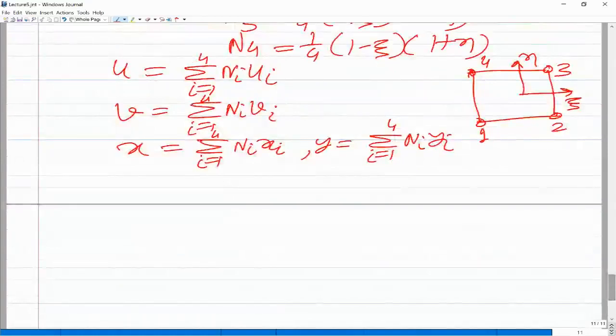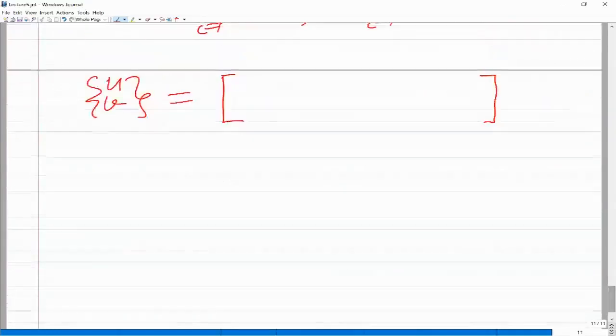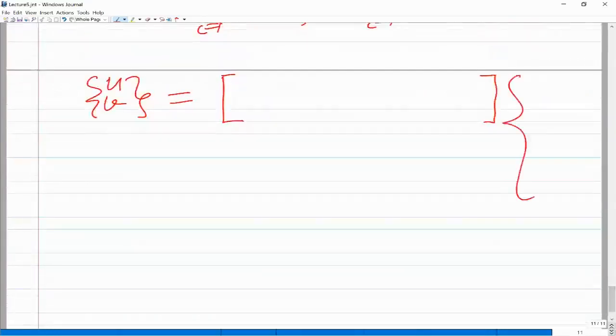Now the next step is you write both u and v together. So the vector uv can be written in matrix form, and on this side you will have the vector of elemental degrees of freedom: u1 v1, u2 v2, u3 v3, u4 and v4.